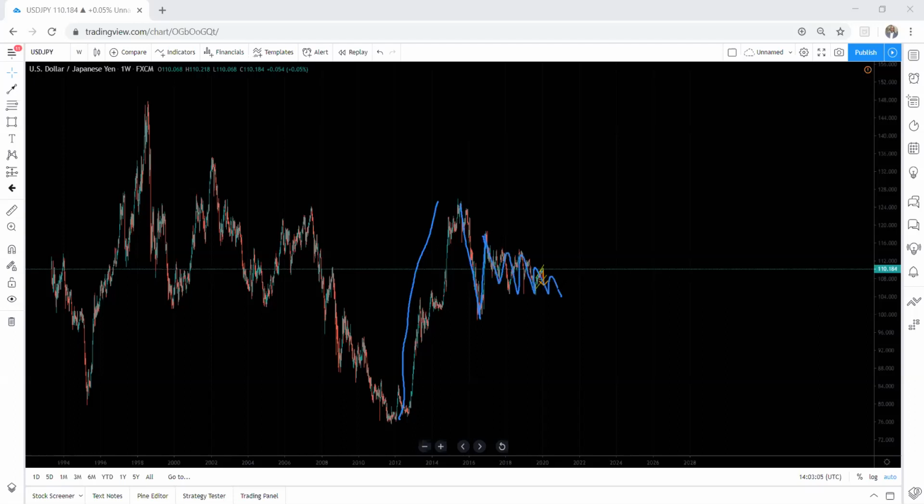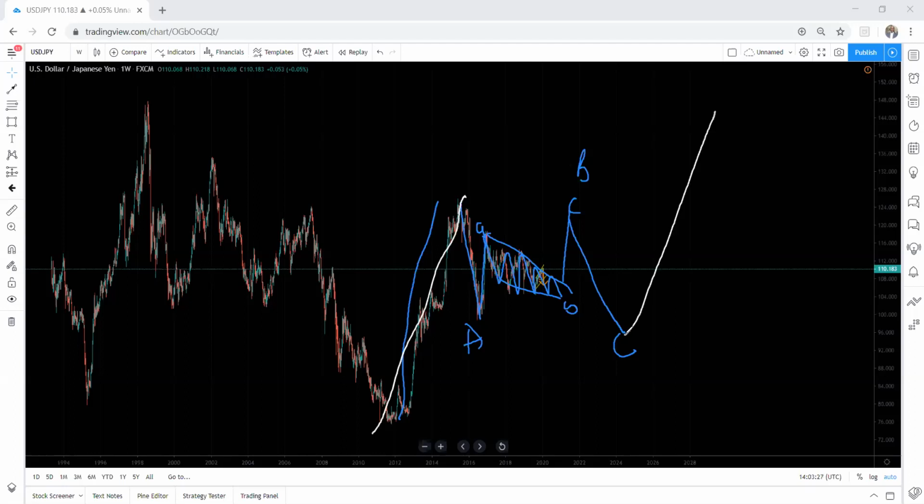So what does it mean? You are going to have a break to the upside to complete this three-wave move, A, B, C. What of this one in blue? It has to come down to complete it. So this will be a bigger A, a bigger B, a bigger C. After that, this one in white will complete the structure to the upside.